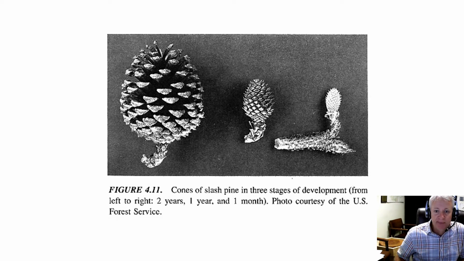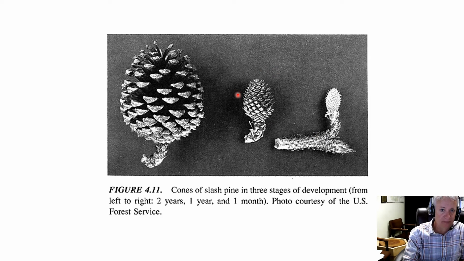So what that also means is that when you look at the ovulate strobili, the seed cones in pine, you might see ovulate strobili in a number of different forms. So for instance, this is the 1-month stage of ovulate strobilus in a slash pine.